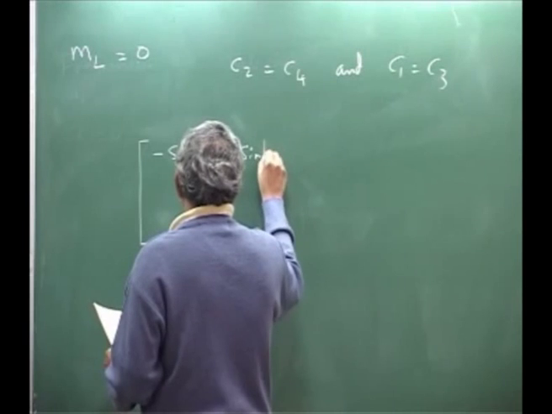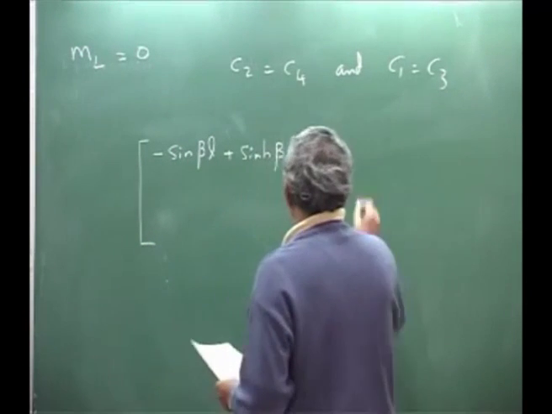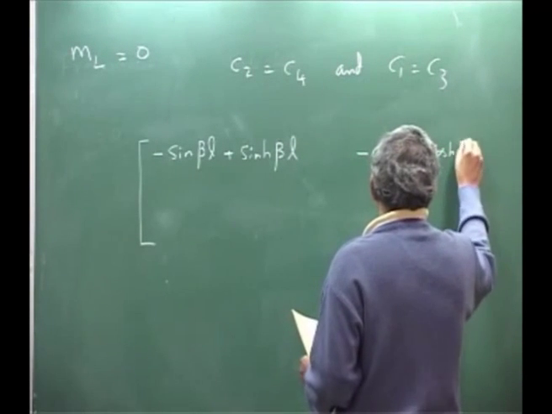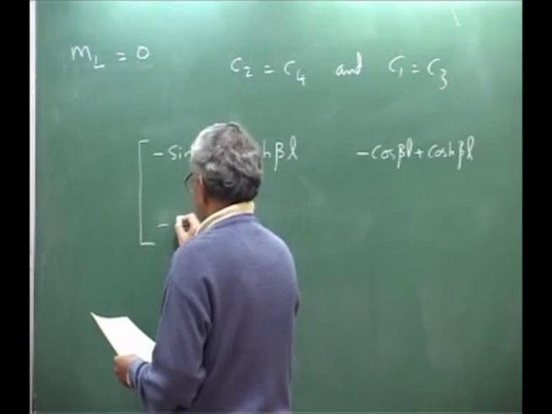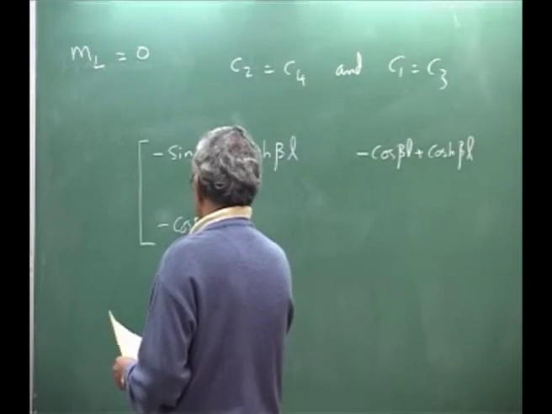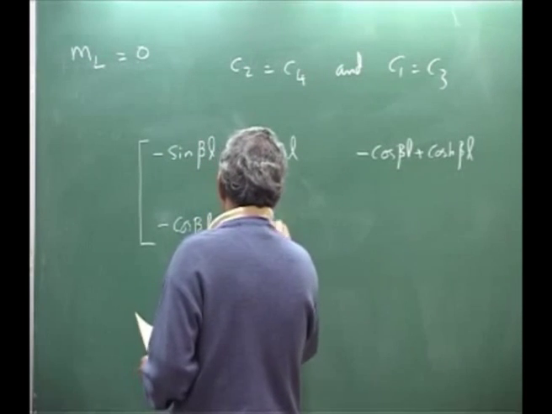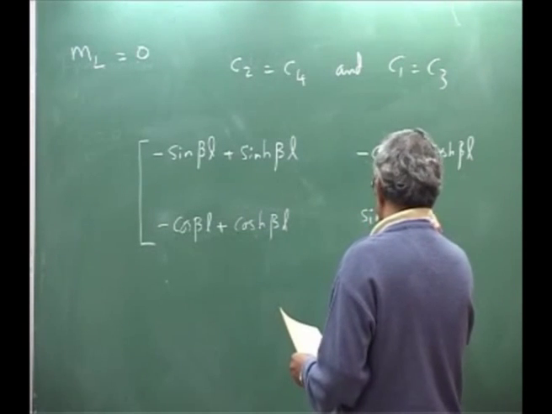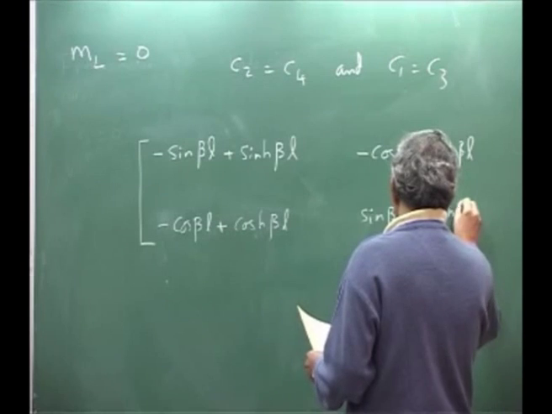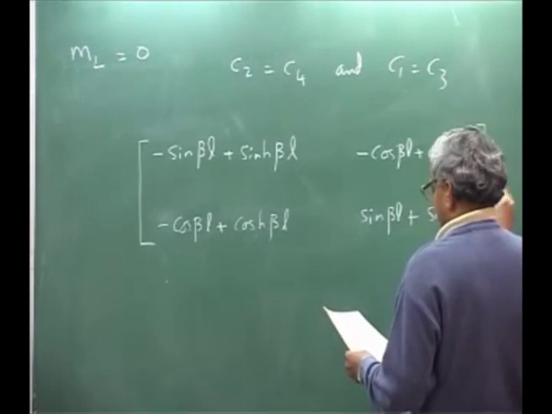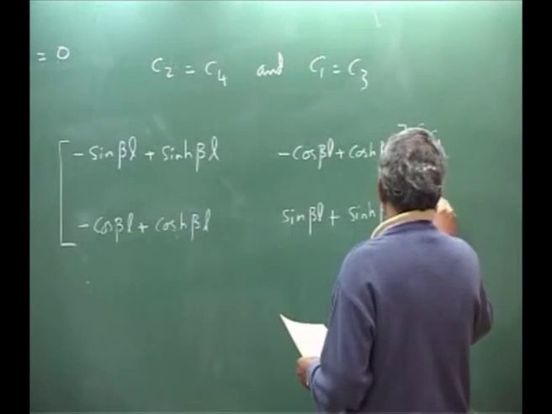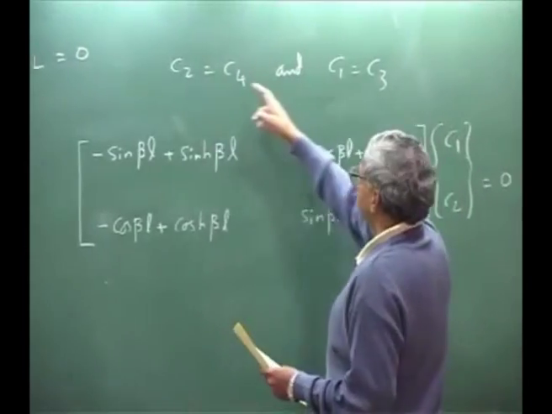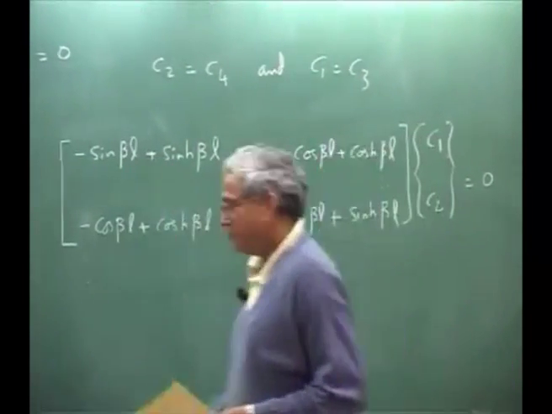Sine hyperbolic beta L cos beta L plus cosine hyperbolic beta L, minus cosine beta L plus cosine hyperbolic beta L, sine beta L plus sine hyperbolic beta L, multiplied by C1, C2. This is simplified because C4 is C2 and C1 is C3 from the boundary conditions.